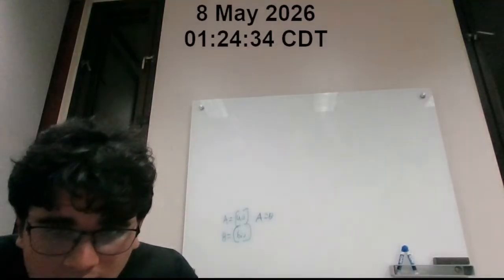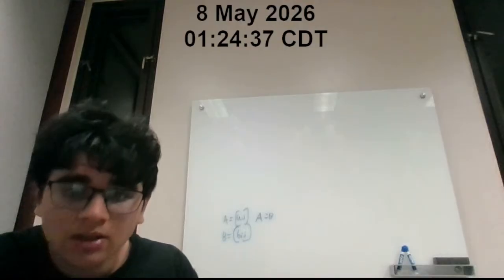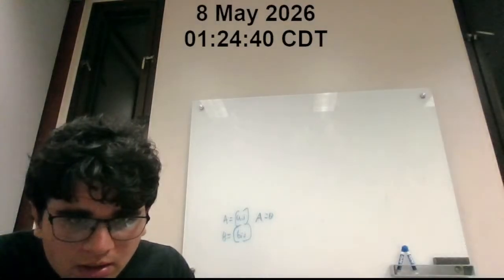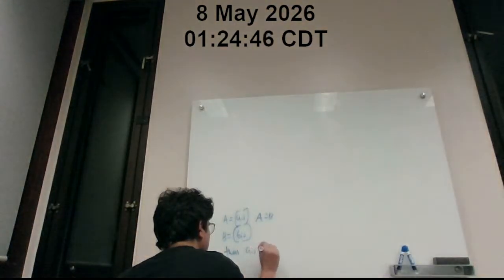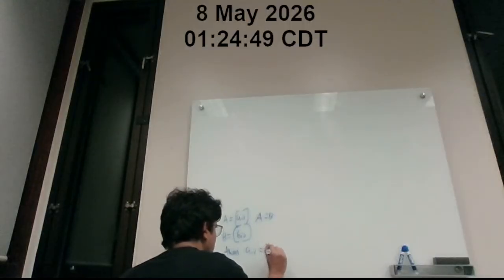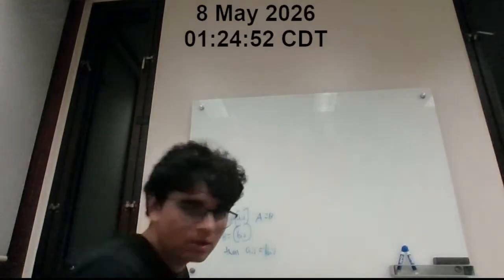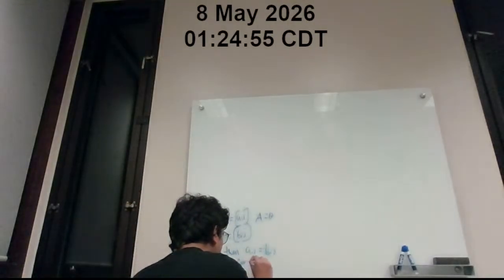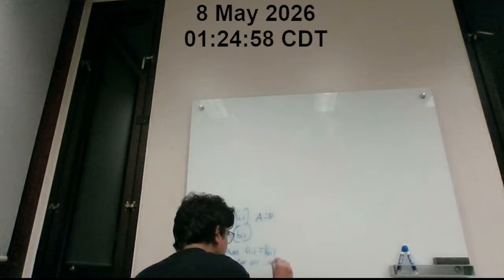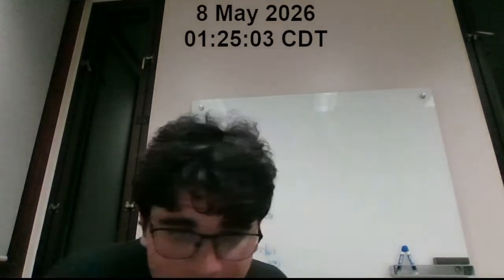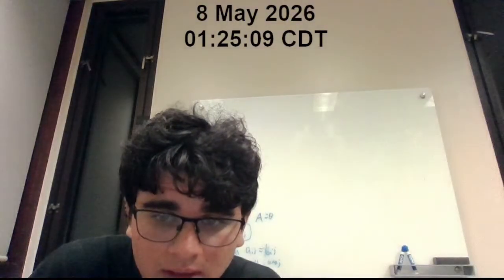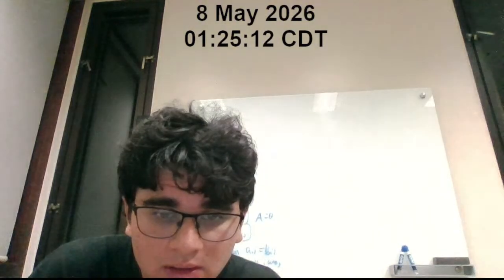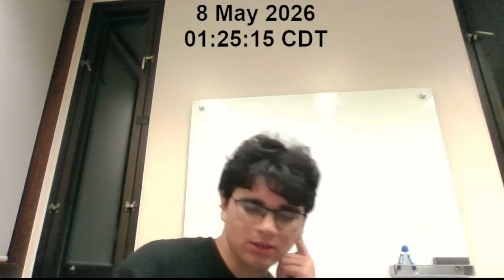So if they have the same rows and columns, and these two matrices are equal, hold on, let me see. So wait. Then Aij equals Bij for all i and j. Okay, something like that. And then you see that, for any rows and columns, they're equal.